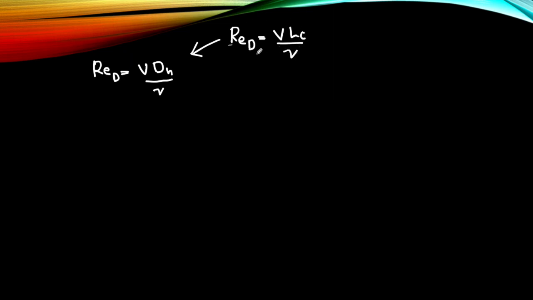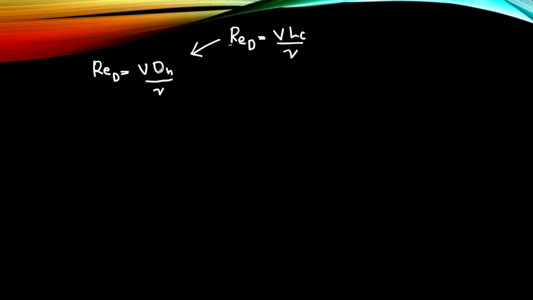This form of Reynolds number is the same as this form, but what I change here is D_H, which is the hydraulic diameter, whereas here it is the characteristic length.